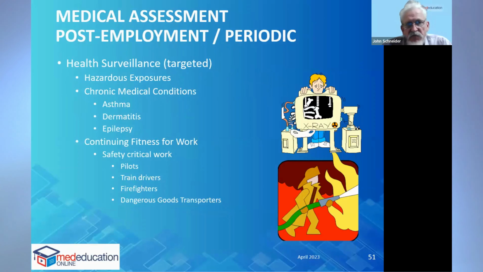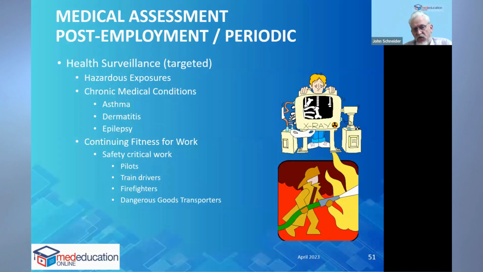Okay, so we mentioned a little bit about post-employment or periodic medical assessment. That's when your health surveillance and health assessment is targeted. So we know the hazardous exposures, we know the chronic medical conditions that can arise from exposure to that, so we can assess whether those at-risk people are starting to show signs, or we can use biological monitoring to test exposure.